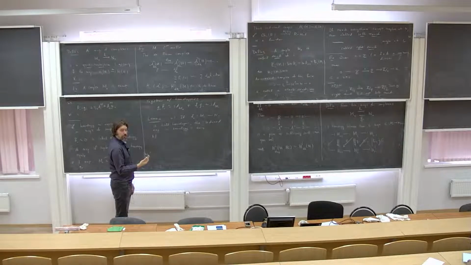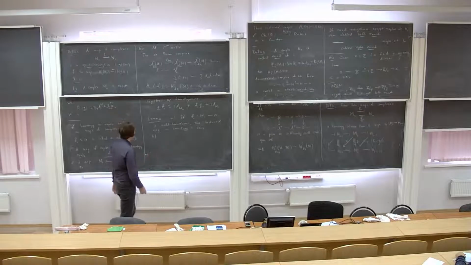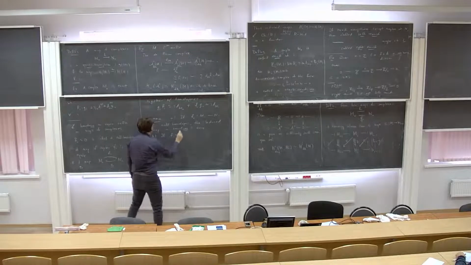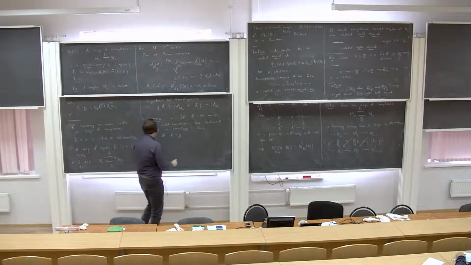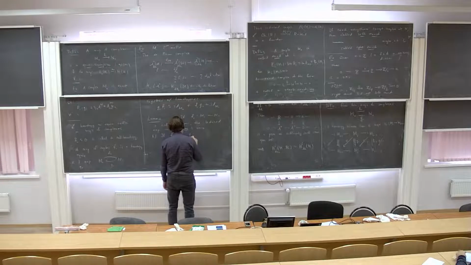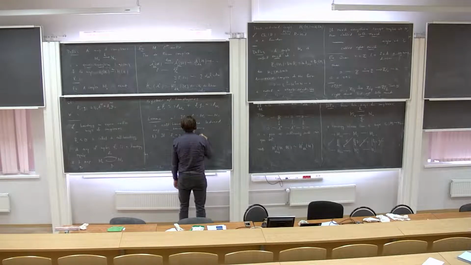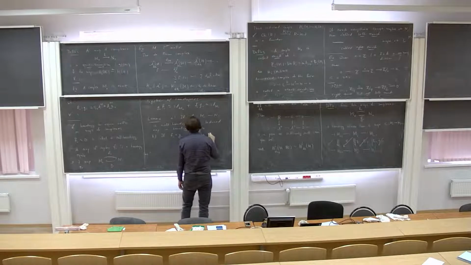Because what did it mean for two maps to be homotopic? It meant their difference was homotopic to 0. And so the difference between the maps in homology is 0, so they give the same map. So if two maps are homotopic, then they induce the same map in homology.